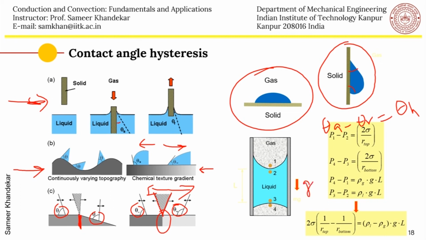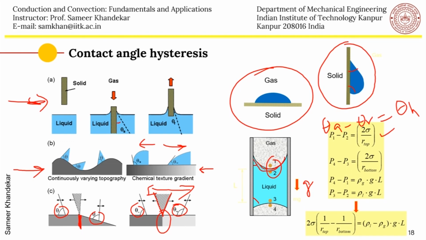And if you apply it from 4 to 1 over the entire thing, there has to be the weight of the liquid, rho g L, and therefore if you substitute it in the Young-Laplace equation, you will see that a certain mass of this particular plug gets supported.